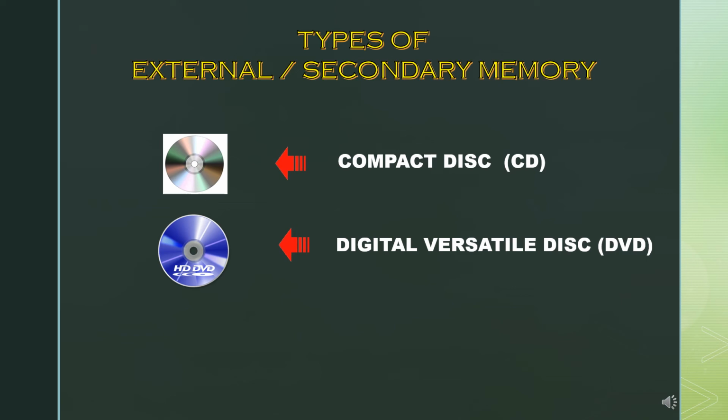The storage capacity varies from 4.7 GB to 17 GB. Next is Blu-ray disc. It is a new storage disc that can store data up to 128 GB, and it is mainly used for storing high quality sound, games and movie data. It is known as Blu-ray disc as it uses blue-violet laser rays to read and write data on it.